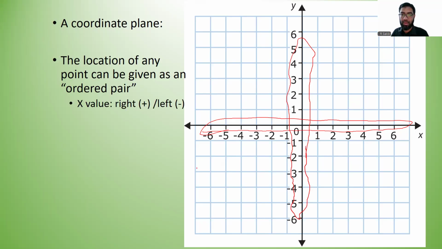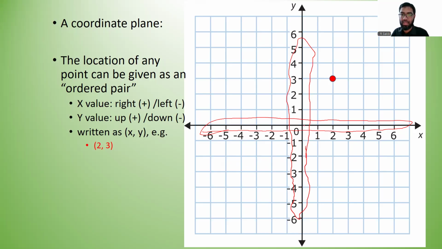And as we mentioned here, the x value will move sideways, left and right, and the y value will move up and down, which is the vertical one. It will be written, for example, as 2, 3. This is one coordinate.